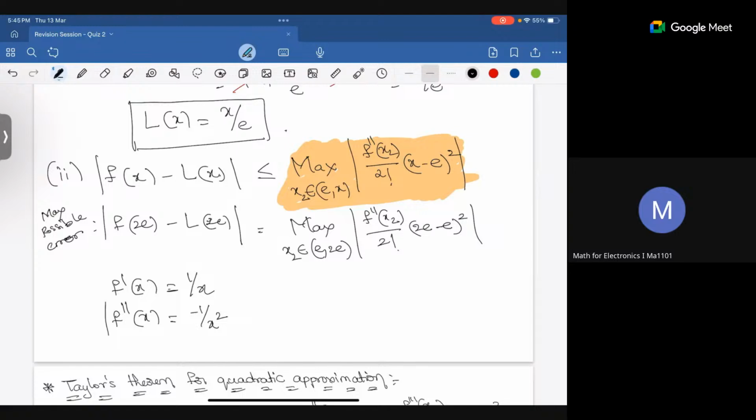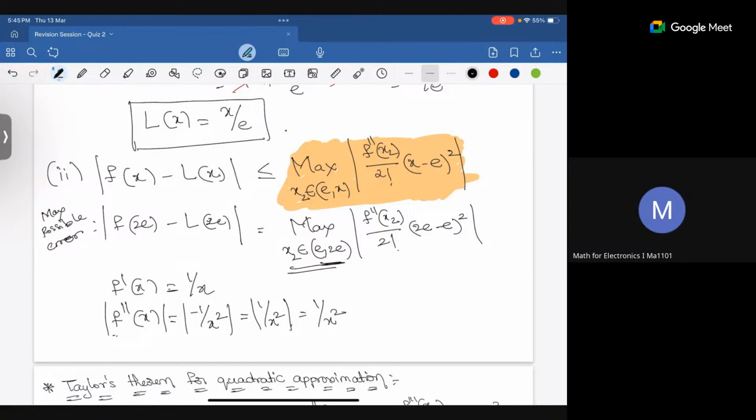We are interested in the absolute value. So the absolute value of f double prime of x is the absolute value of minus 1 by x square, which is 1 by x square. 1 by x square is always positive. So now look at 1 by x square, and I have to find the maximum possible value for this in the interval e to 2e.